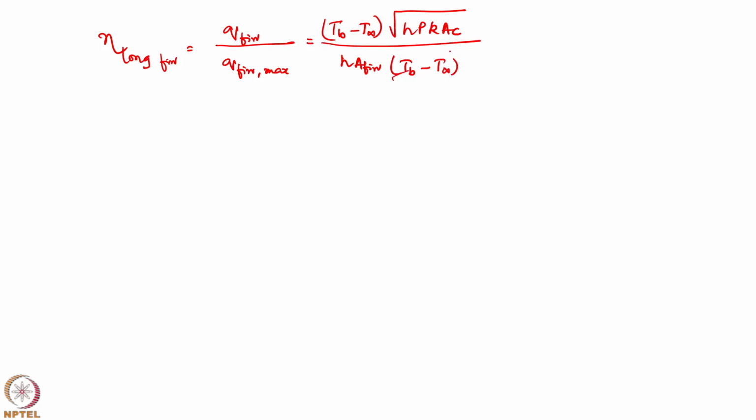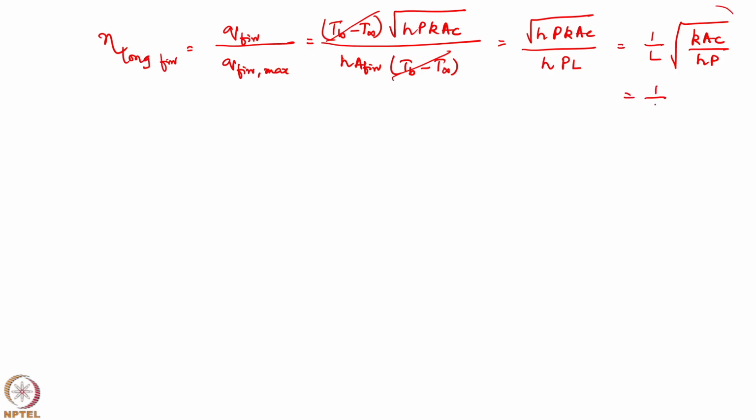TB minus T infinity gets cancelled out, and I get the square root of HPKAC divided by H into the area of the fin. The area of the fin is perimeter into length, so I get 1 by L into the square root of KAC divided by HP, which is 1 by ML. The efficiency of the long fin is given by 1 by ML.